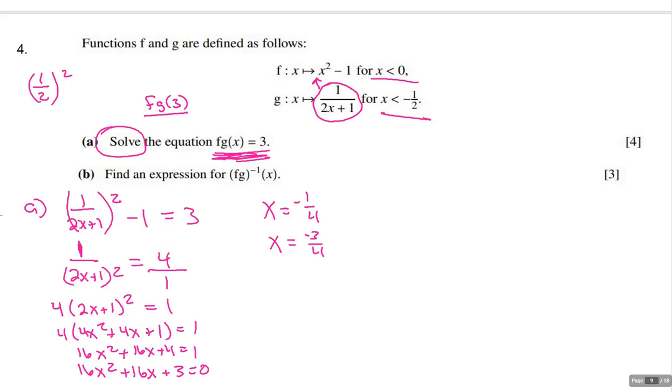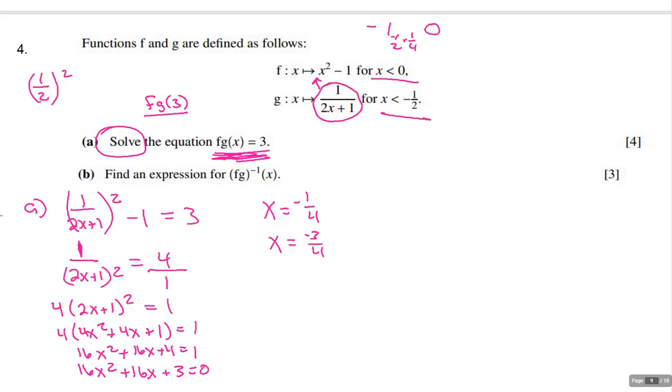So tell me, is negative 1/4 less than negative 1/2? Wait, no, it's not. Think about your number line, right? 0, 1, negative 1. There's going to be negative 1/4, and then there's going to be negative 1/2. Negative 1/4 is going to be here, and negative 1/2 is going to be here, right?